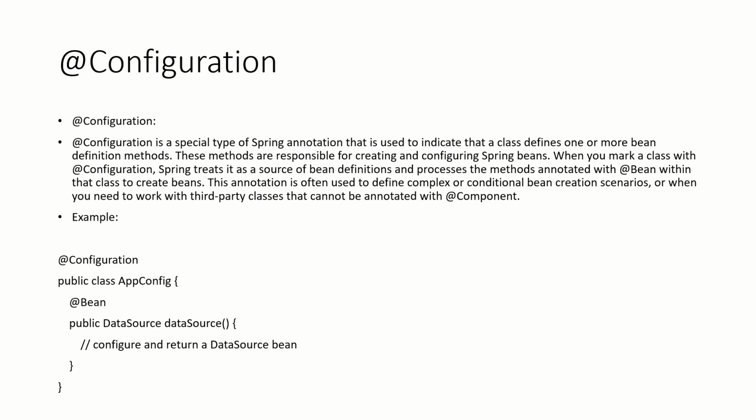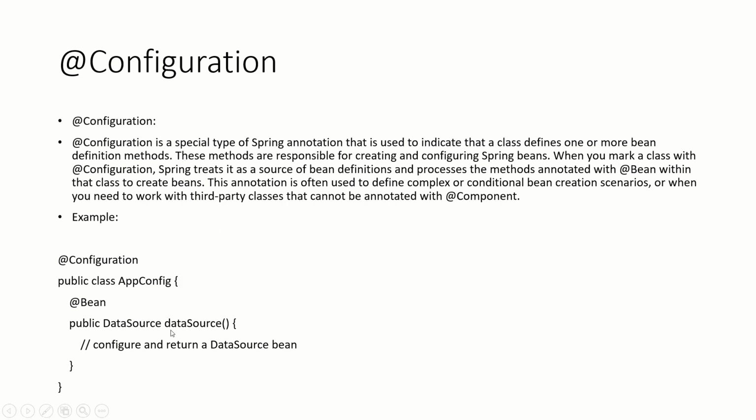These methods are responsible for creating and configuring Spring beans. You can see, let's say we have created an app config class, and this class is annotated with the configuration annotation. That means inside this class we can define one or more bean methods, and we are expecting beans out of this class.